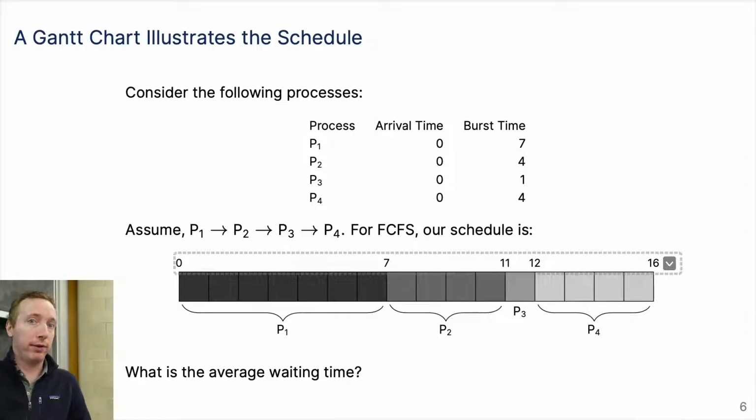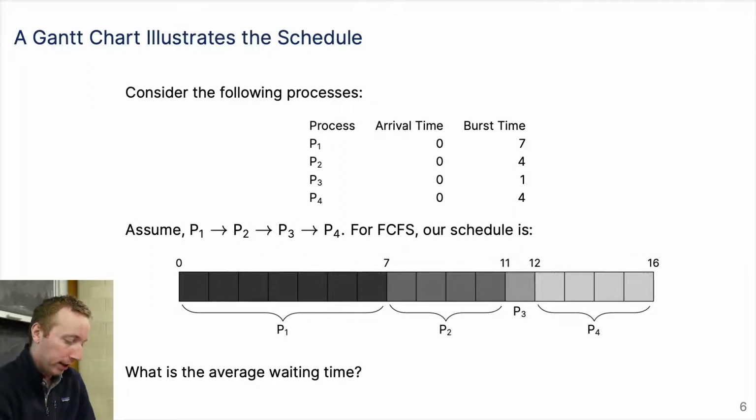We have another decision to make. We have to run either process 2, 3, or 4, and we just do it in the order they arrive. So we execute process 2, which takes 4 time units, then process 3 after that finishes, which is only 1 time unit, and then process 4 after process 3 finishes, which is 4 time units.